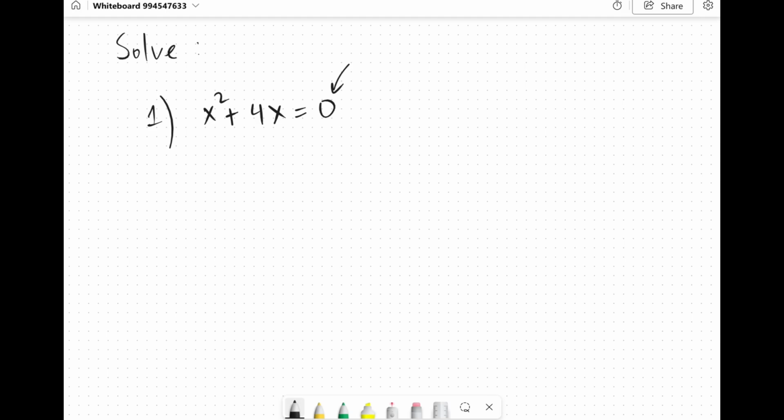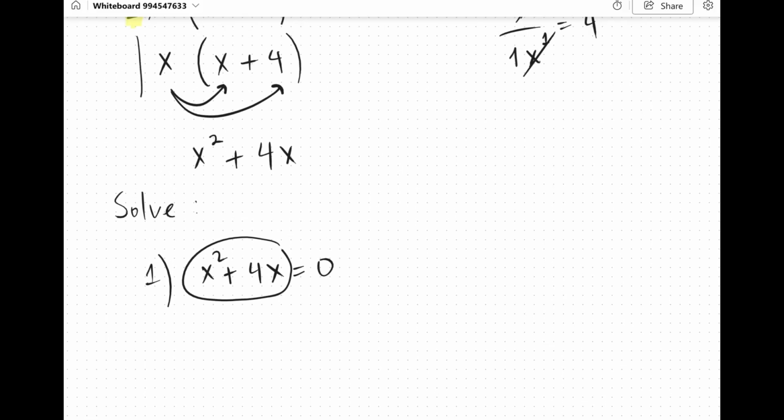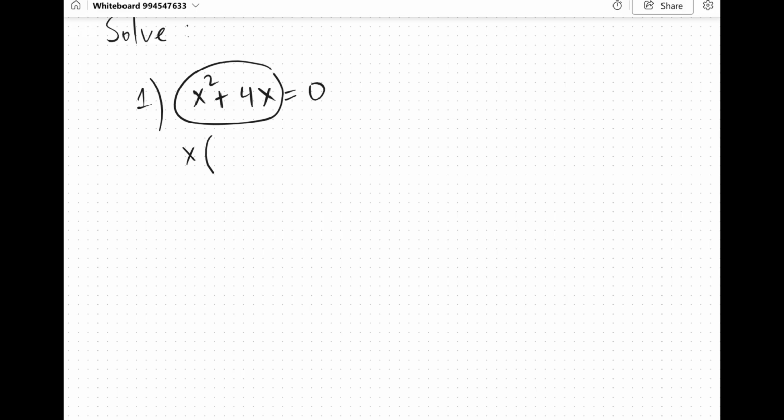But this equation does have a 0, so we're ready to go ahead and factor. Well, we know how this left side here factors because we just factored it. It's x times x plus 4. So I'm just going to go ahead and write that as x times x plus 4 equals 0.